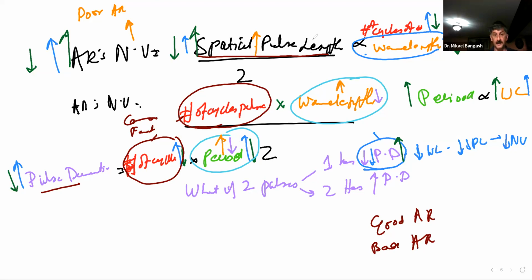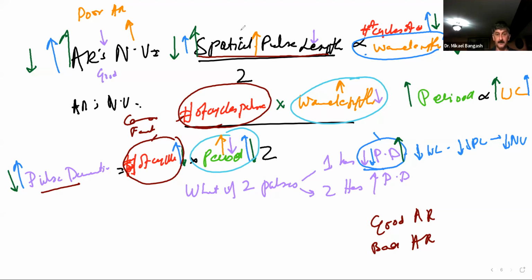Low wavelength will mean low spatial pulse length. Low spatial pulse length will mean low numerical value of the axial resolution. And low numerical value of the axial resolution is more likely to give us a good axial resolution.